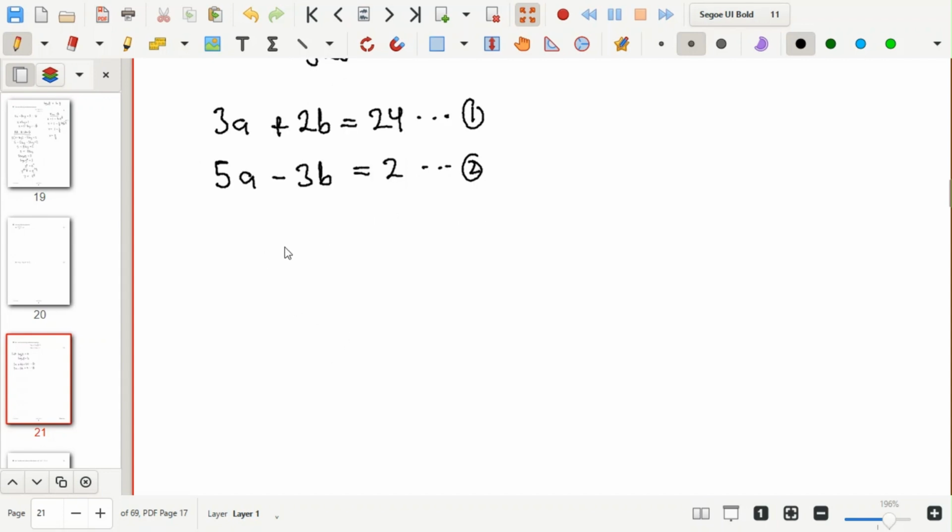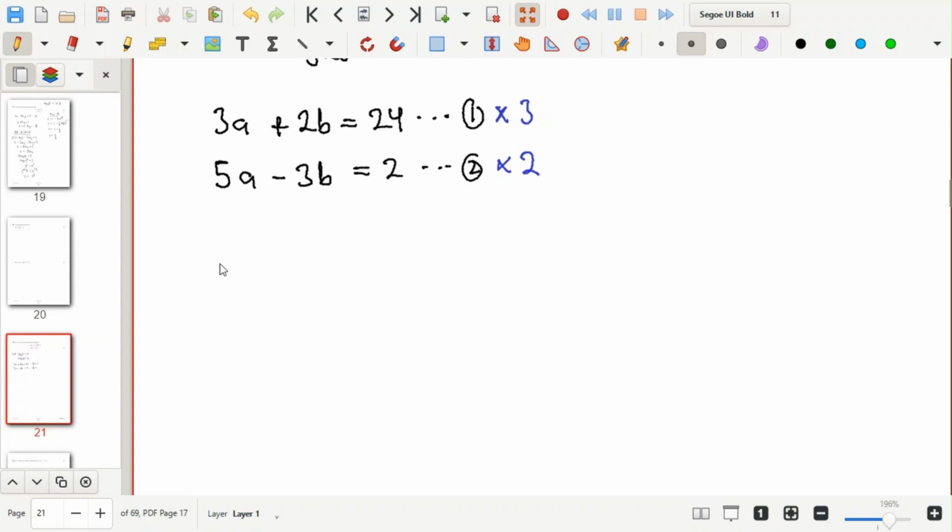Okay, so let's solve this simultaneous equation and see. Let me go for my favorite highlighter or marker. Let me multiply this equation by 3. And let me multiply this one by 2.